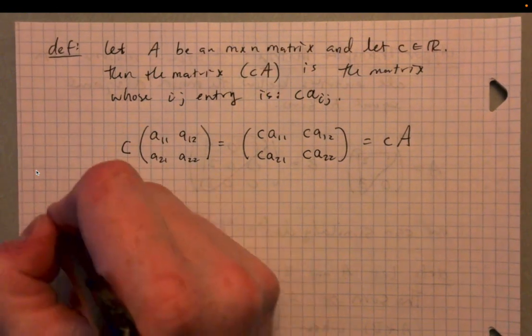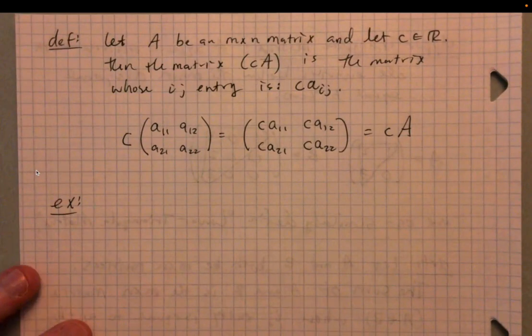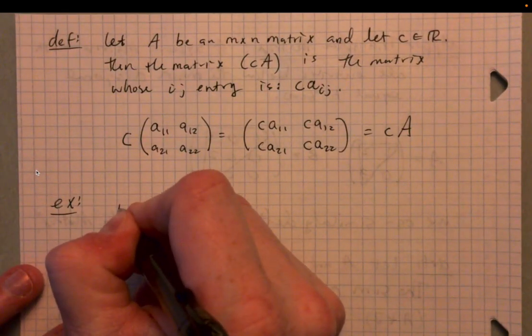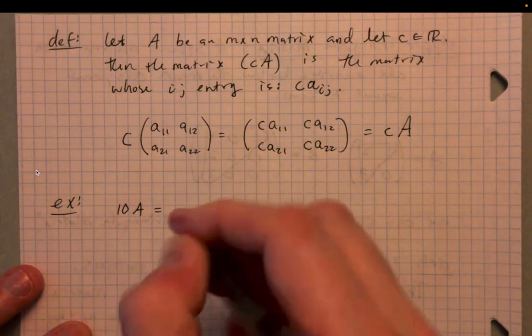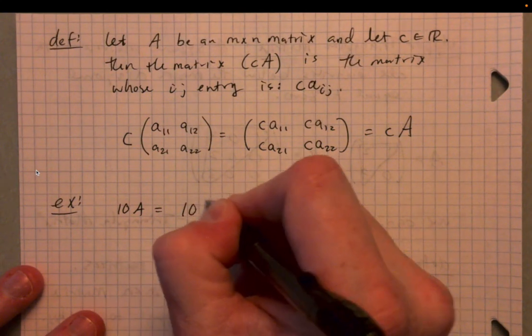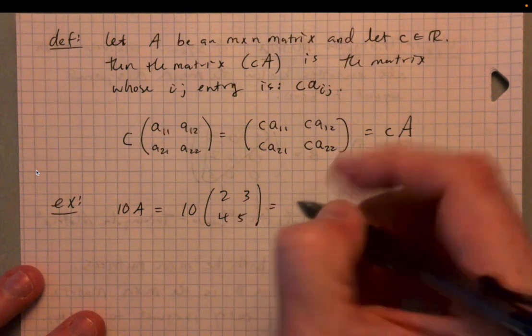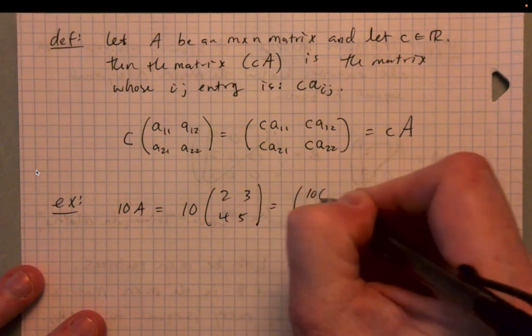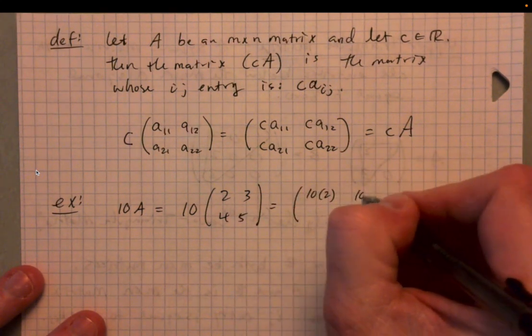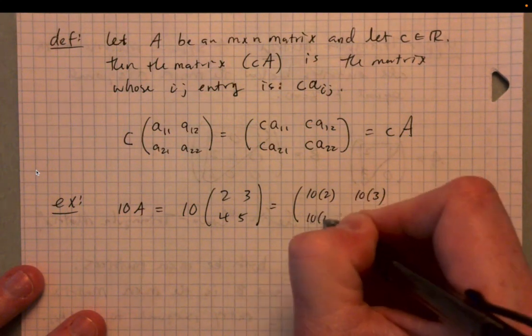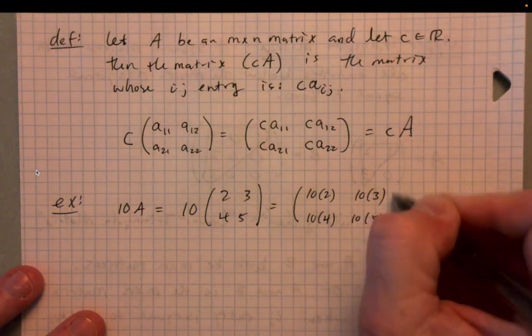Okay, an example with some actual numbers would be like 10 times A, and maybe A is equal to 2, 3, 4, 5. Right, so that's 10 times 2, 10 times 3, 10 times 4, 10 times 5.